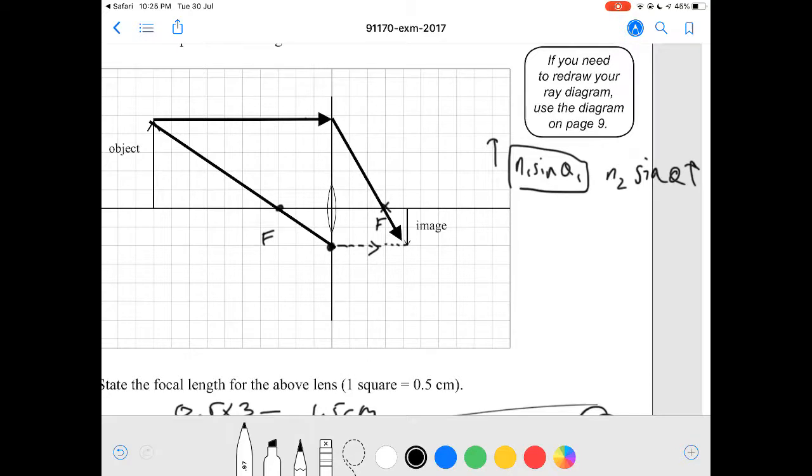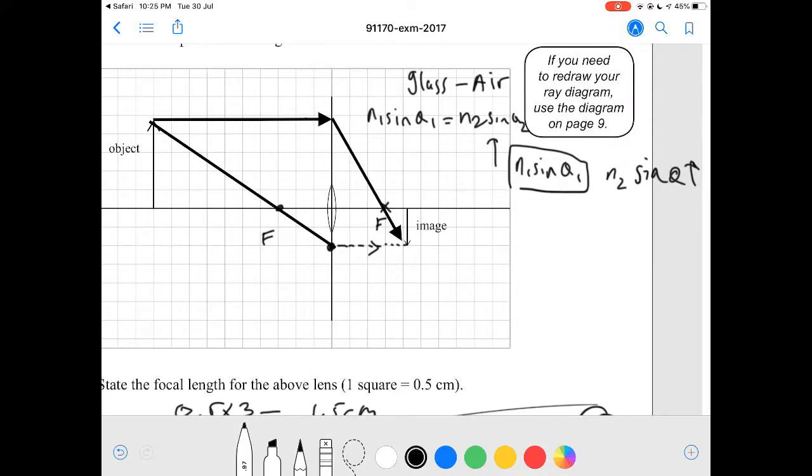Another way we can do it is by decreasing the refractive index of the lens. The reason for this is when the ray comes out of the lens, it will be moving from glass to air. So now we have Snell's law, N1 sine theta 1 equals N2 sine theta 2.